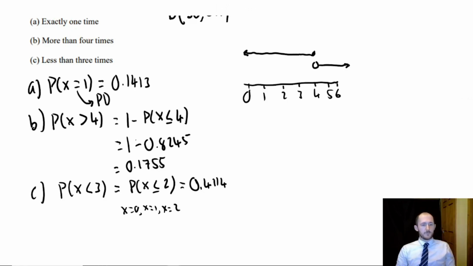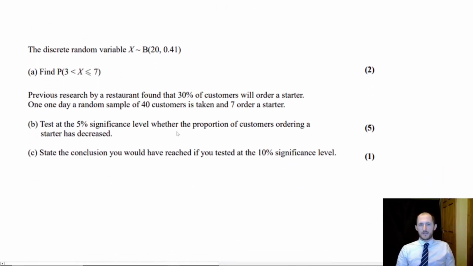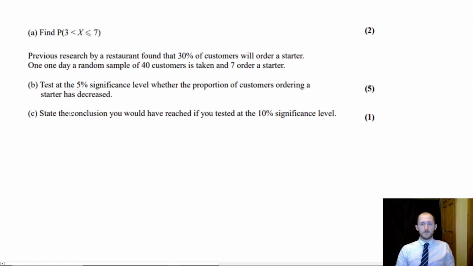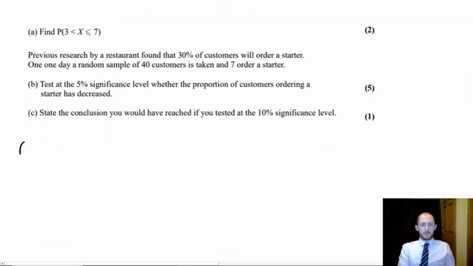Perfect. So, if we go to the next question now, we have this. This is basically the most complicated that it can become in terms of everything before hypothesis testing. We need to find the probability that x is between 3 and 7.